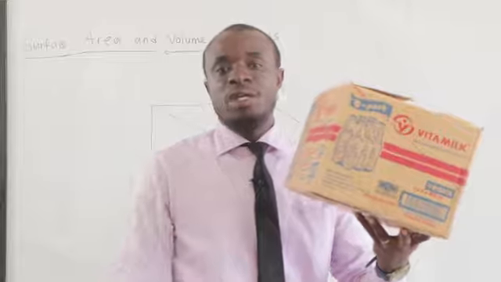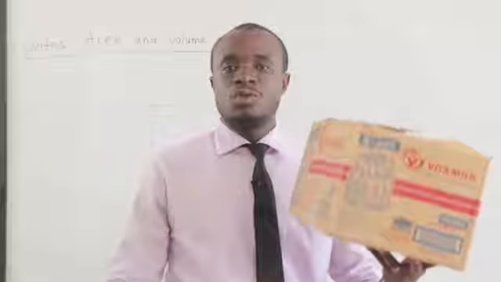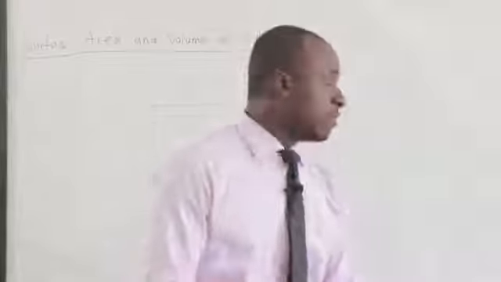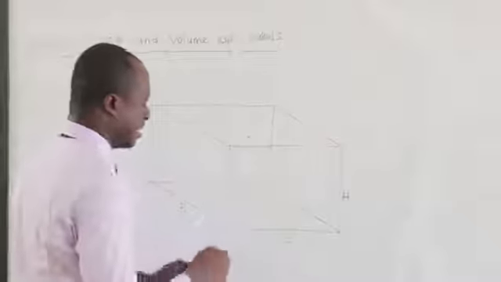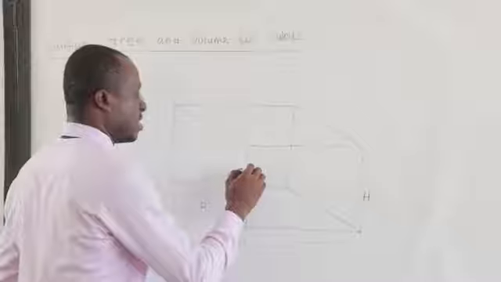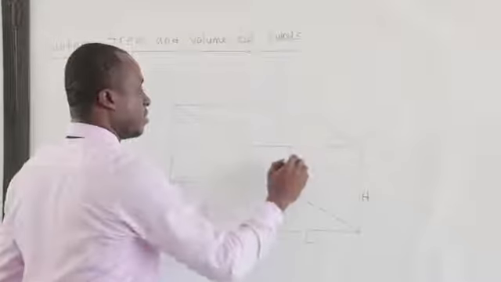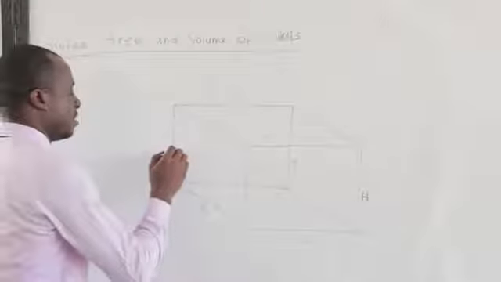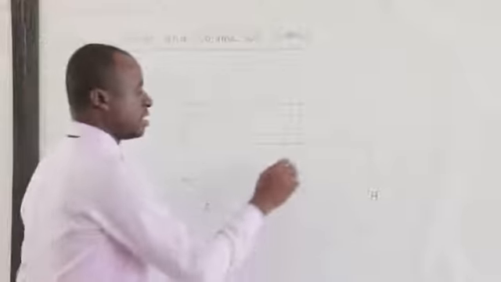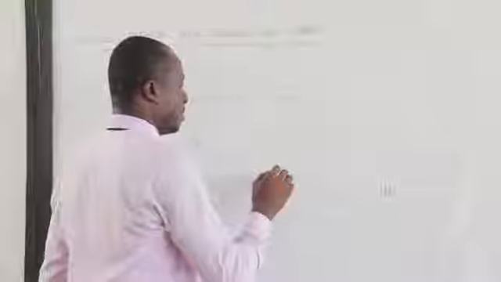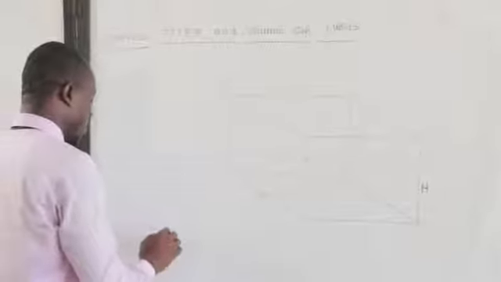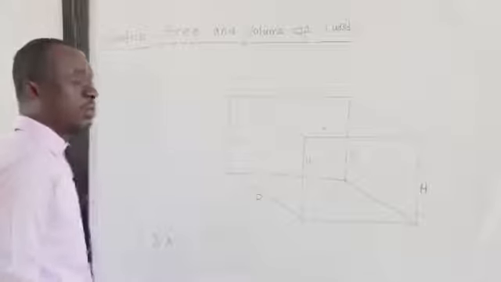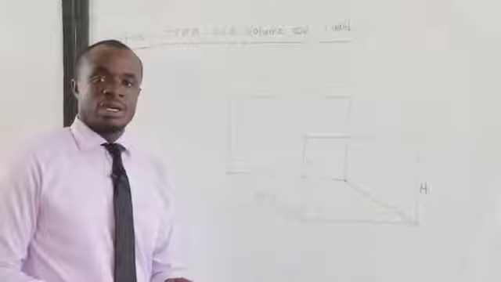So how do we demonstrate this? Now let's go to the board and demonstrate it very well. As we said, there's the length, there's the height, and the opposite edges are the same. Now for us to find our total surface area, we know that each face is a rectangle.